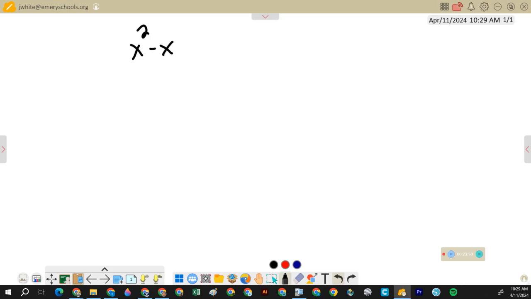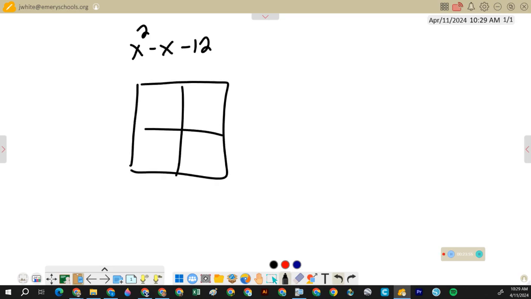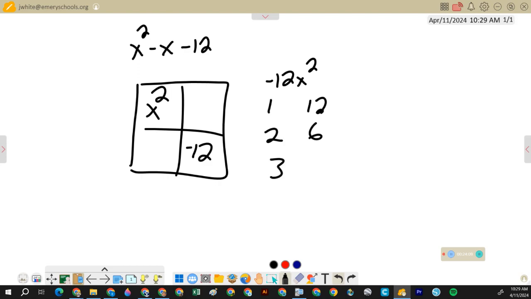X squared minus x minus 12. So I draw the box, put in x squared and negative 12, multiply those together, negative 12x squared. I write down all the factor pairs of 12: 1 and 12, 2 and 6, 3 and 4.